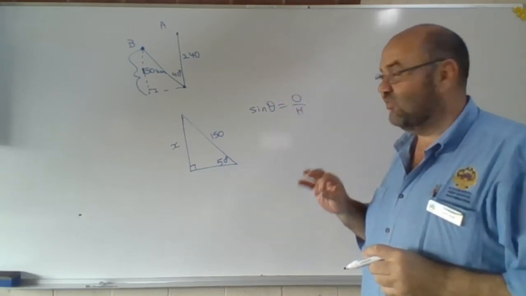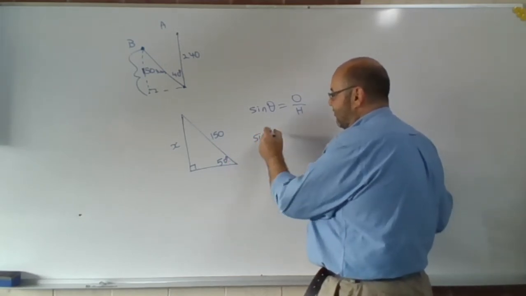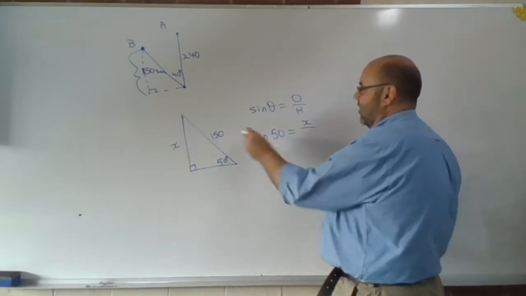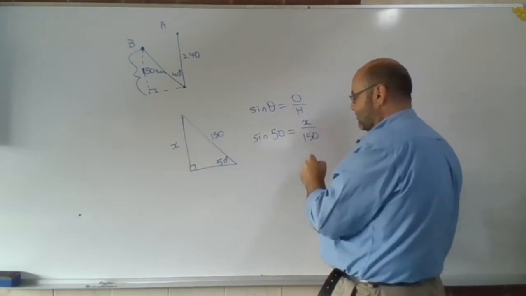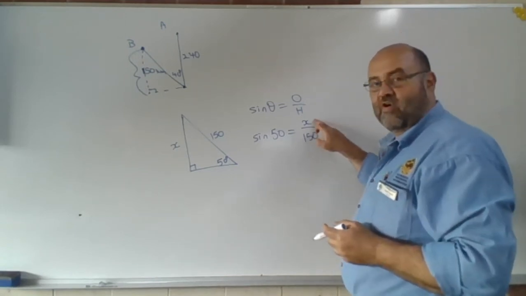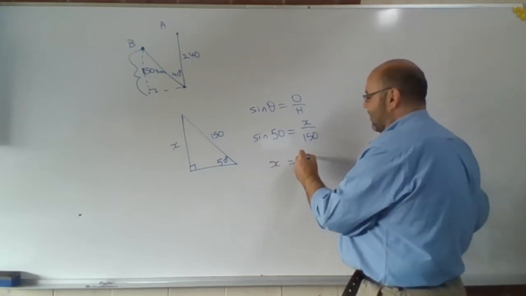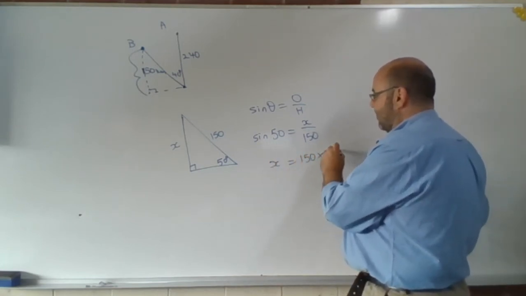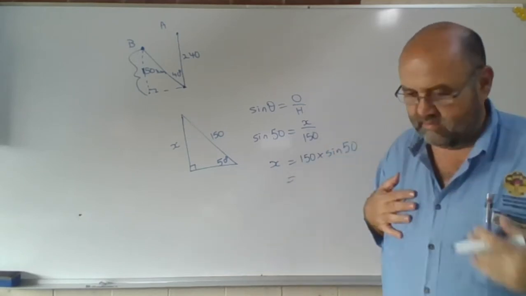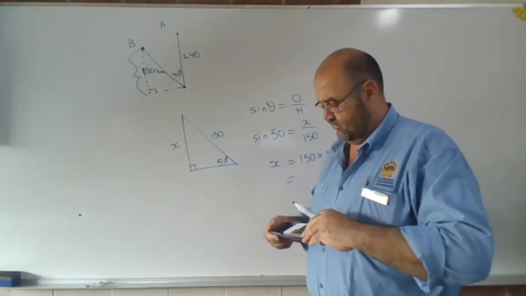Step 4 is to carefully substitute. So sine of 50 equals the opposite over the hypotenuse. And then step 5 is to solve. Because my unknown is on top, I multiply the 150 across. So x is going to be 150 times sine of 50. Okay, now grab the trusty calculator.